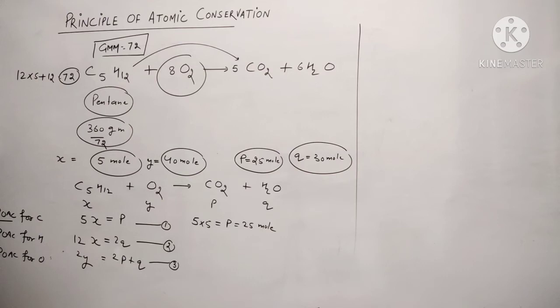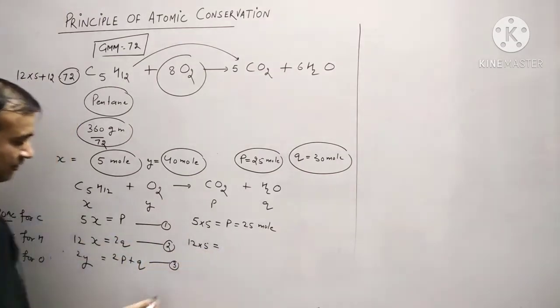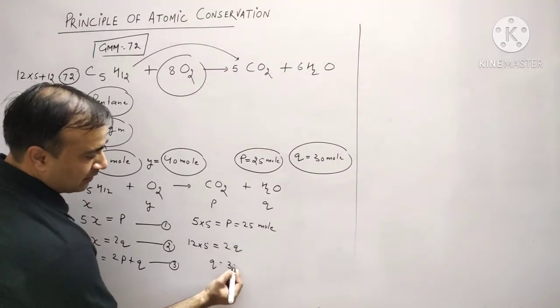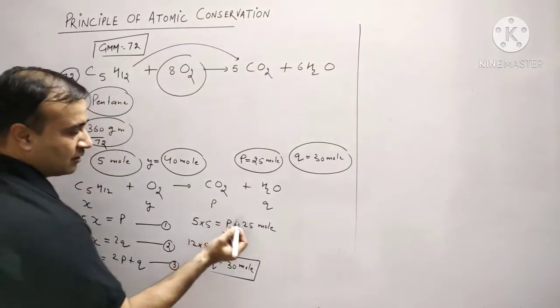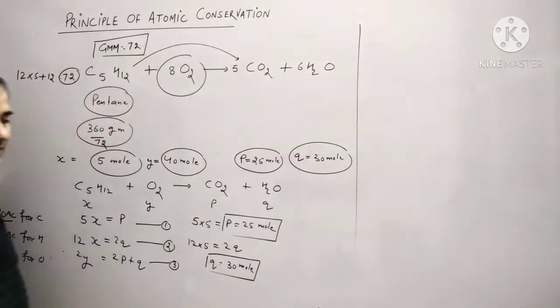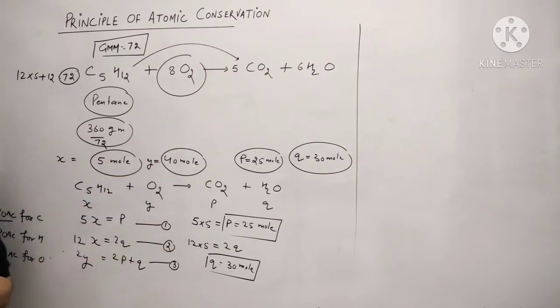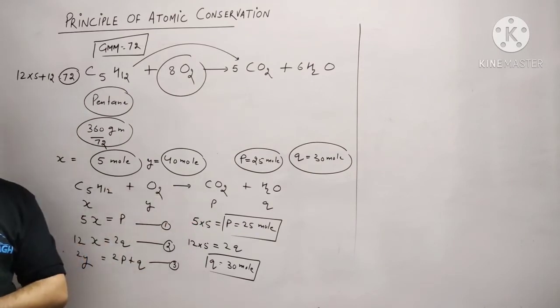And what will be the value of Q? 12 into 5 is equal to 2Q. So Q must be 30 moles. So the answer will be same whether I am using the concept of stoichiometry or the concept of POAC. We can solve the problem by both the ways.